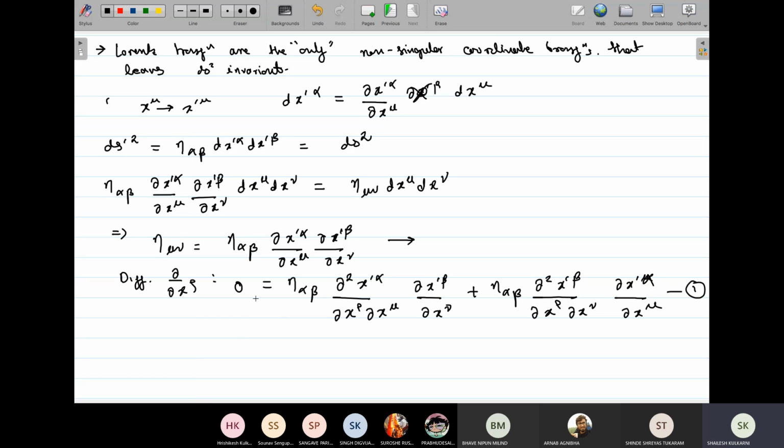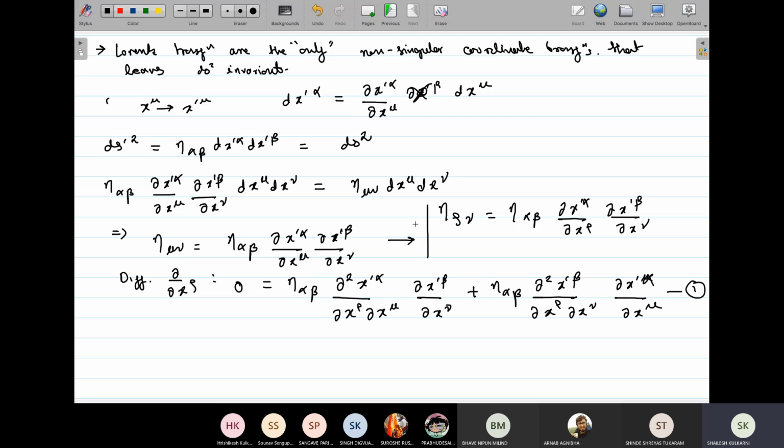I will get a similar equation if I interchange rho and mu from the beginning. Okay, so instead of writing mu here, I can write rho: eta rho nu as eta alpha beta del x prime alpha by del x rho del x prime beta by del x nu.